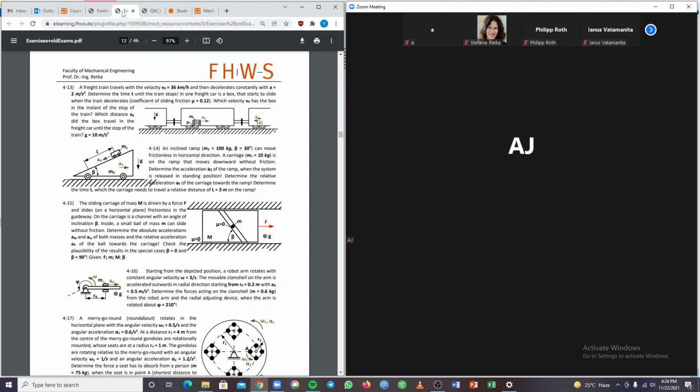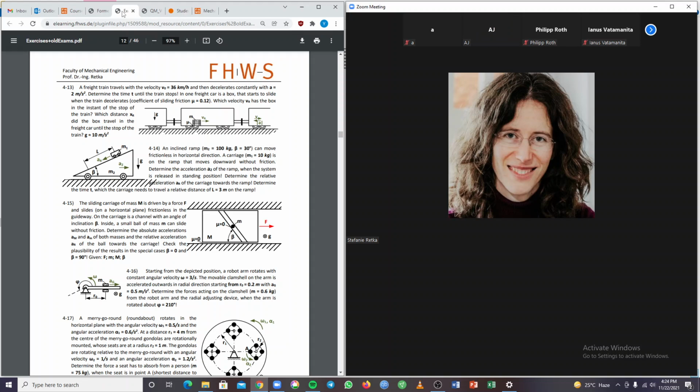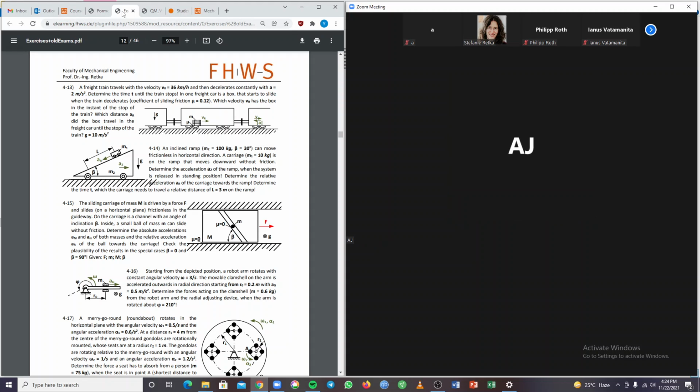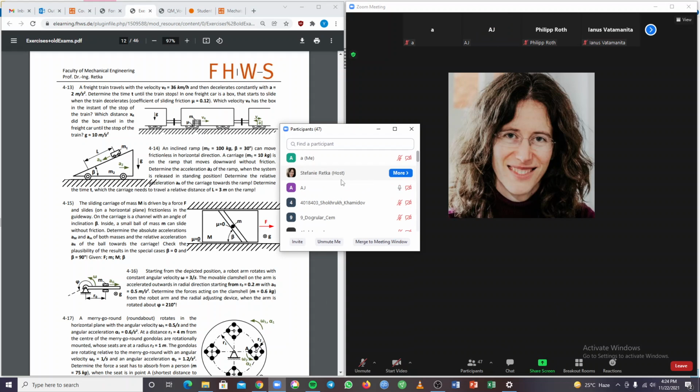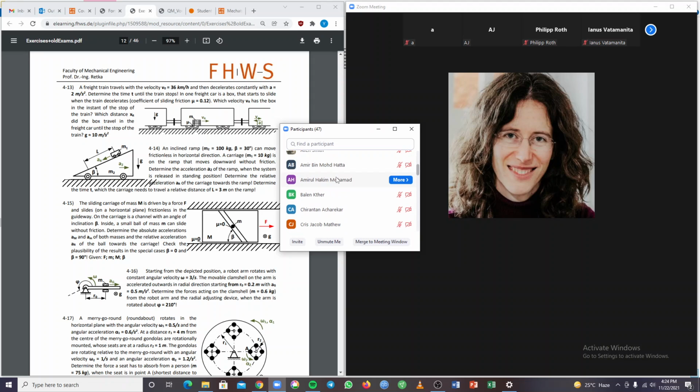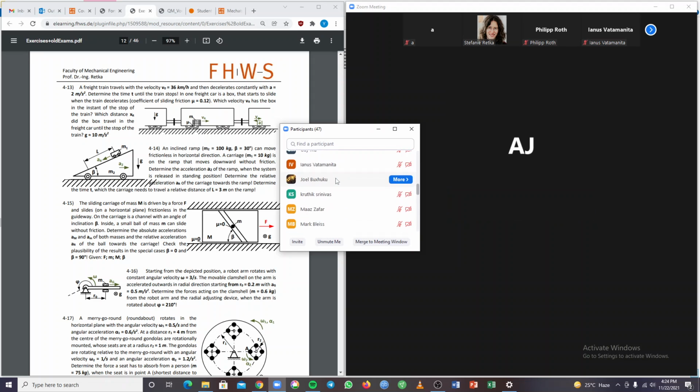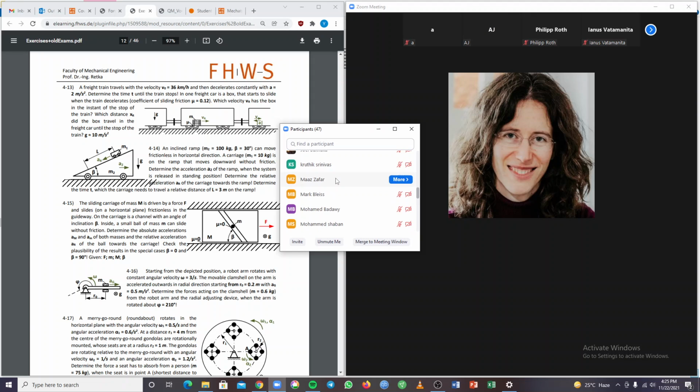Ma'am, I have a doubt. Yes. The two normal forces, can they be combined into a single force? The normal forces 1 and 2 as depicted in our problem, or which normal forces? Yes, those two forces. No, because they depend on different variables and they point in different directions.